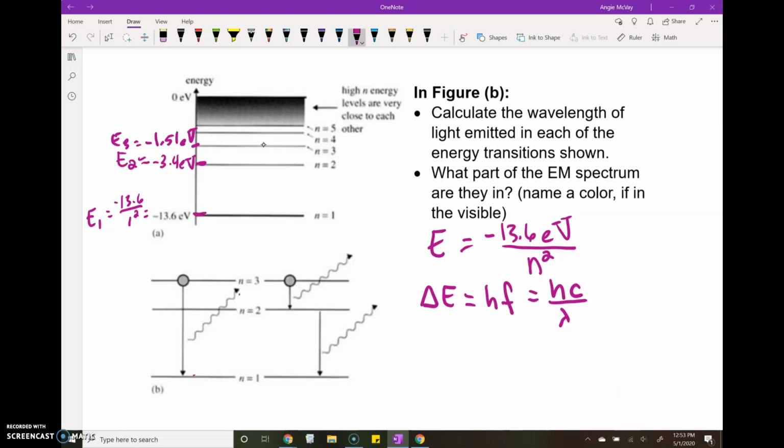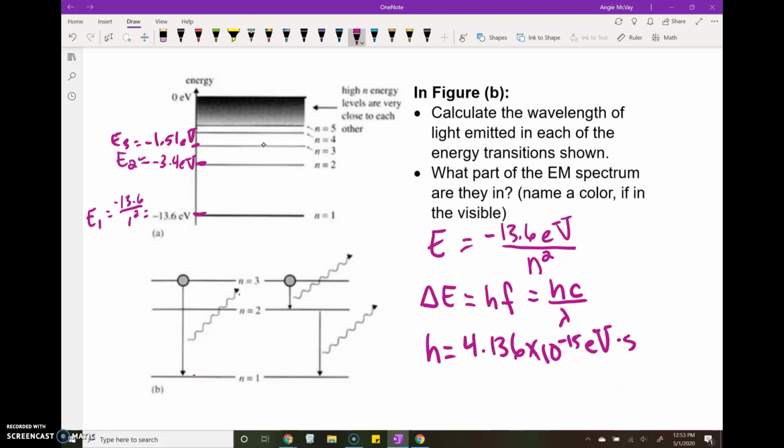You can write Planck's constant as we have previously in joule seconds, but you can also write it in electron volt seconds, and it turns out that Planck's constant in electron volt seconds is 4.136 times 10 to the minus 15 electron volt seconds.